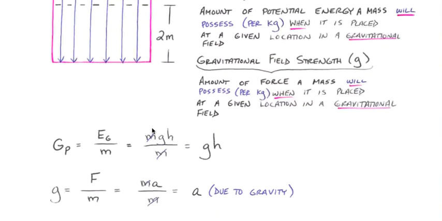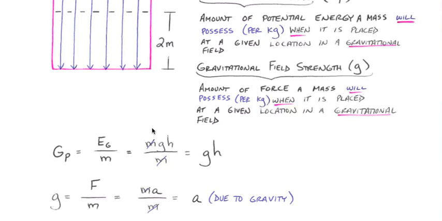So really quickly, if we just take a look at the math, and you don't have to be overly concerned with how these are derived, the gravitational potential is essentially the amount of gravitational potential energy per kilogram of mass that the object will have. So if I replace Eg with mgh, the m's cancel, and you get lowercase g times h.